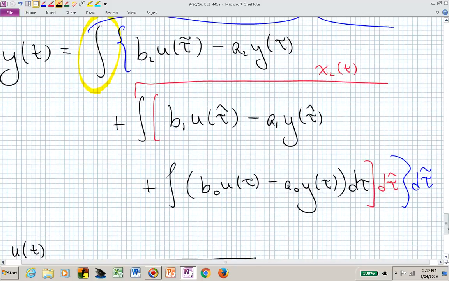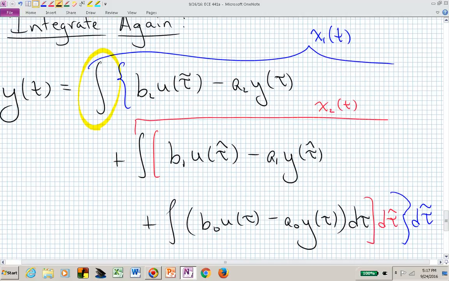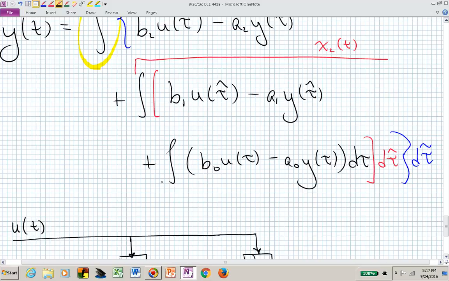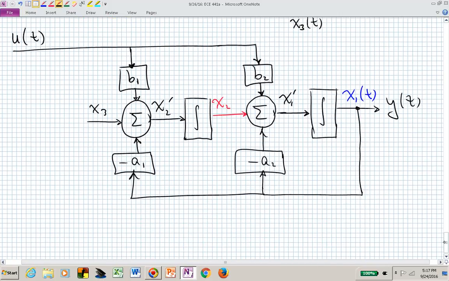And like we've done before, now what we do is we define the output of this last integrator to be another state variable, x sub 3. We knew that we were dealing with a third order system, so that now the last signal coming into that summing junction is x sub 3. But that's an output of an integrator, which means that we need one more integrator. There's our three integrators making up this third order system.